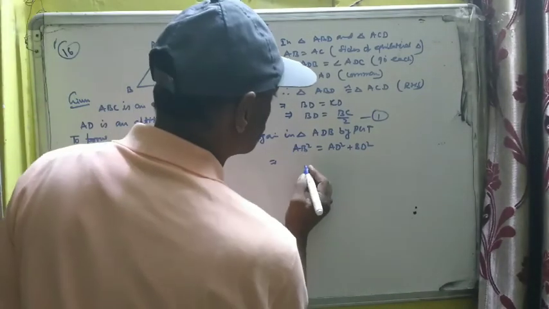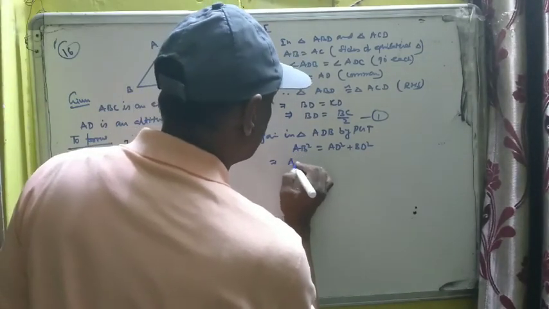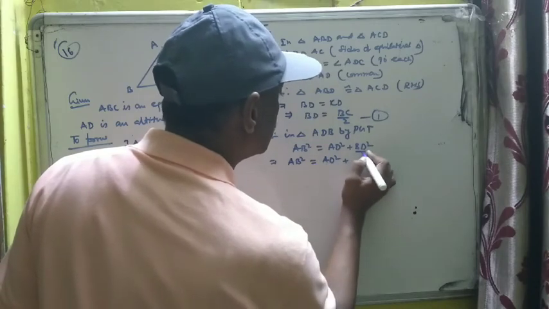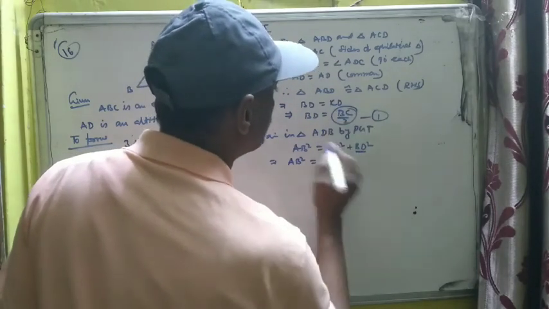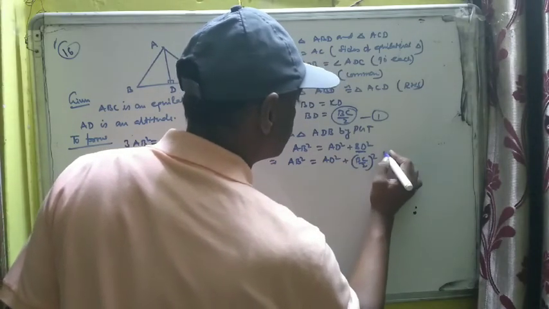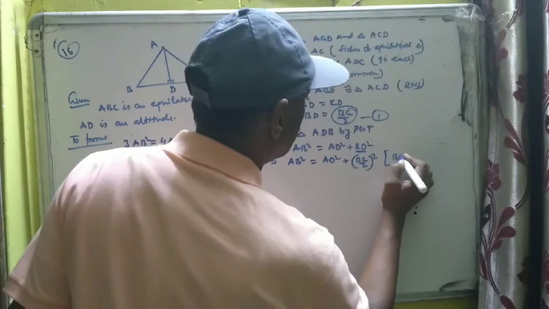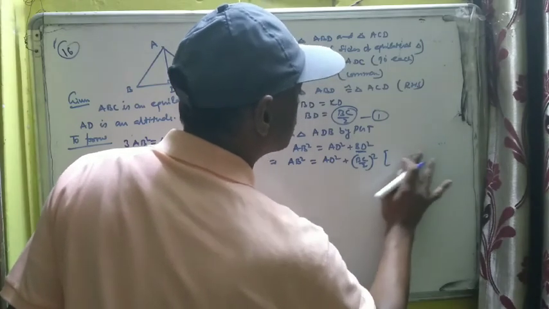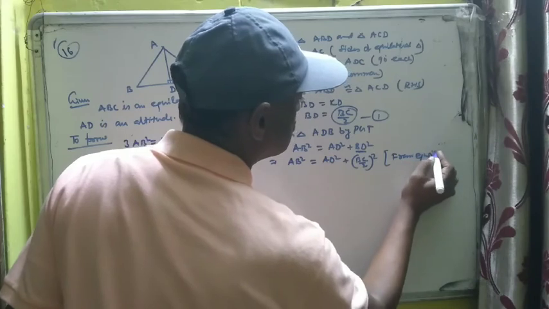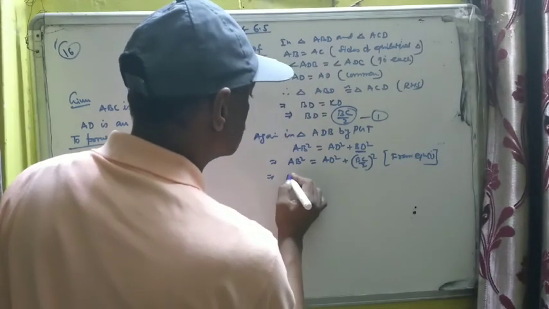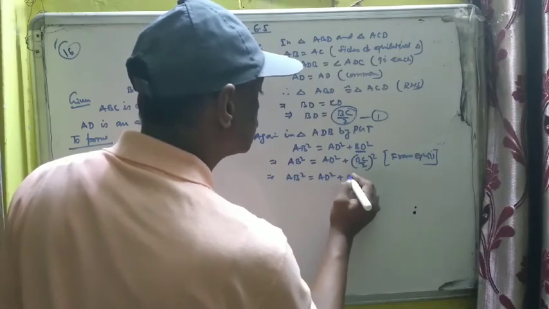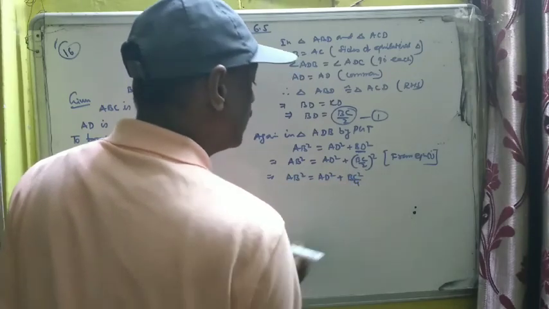So look here, AB square equal to, at the place of this BD we can write BC by 2 square, BD equal to BC by 2 from equation 1. Now solve this. It will give us AB square equal to AD square plus BC square by 4.